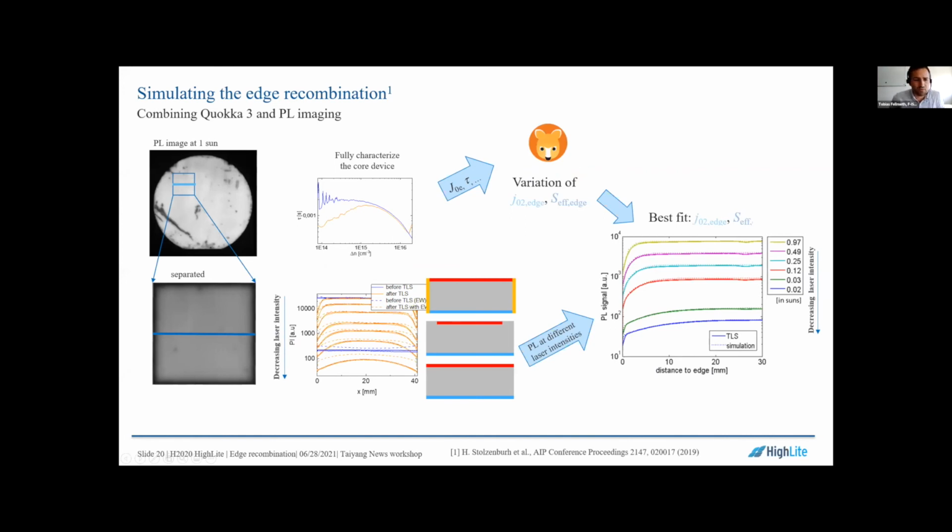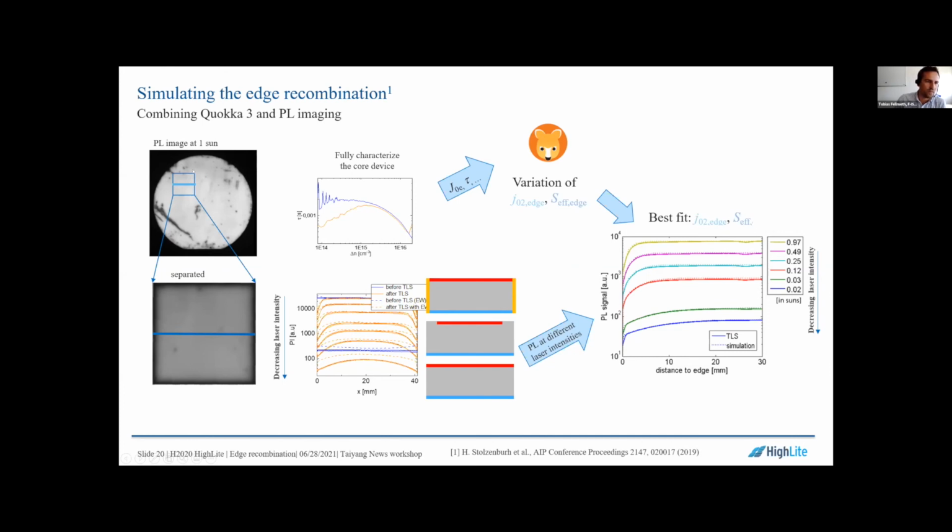And so coming to the end of the second part of the presentation, we are also trying to model all this, by using the combination of Coca3 and PL imaging. So again, you notice these images here.